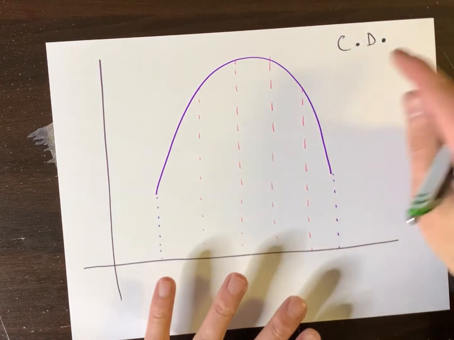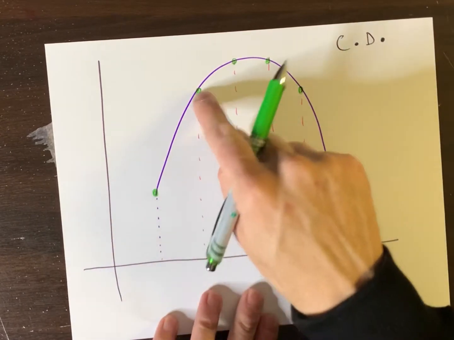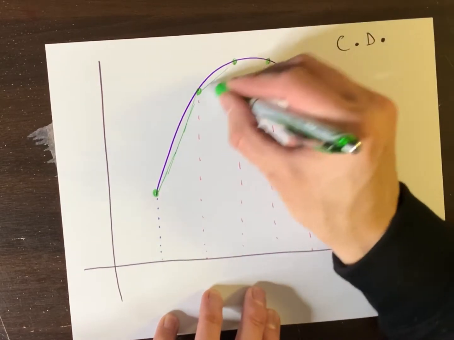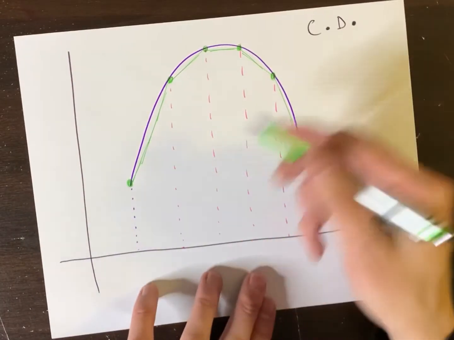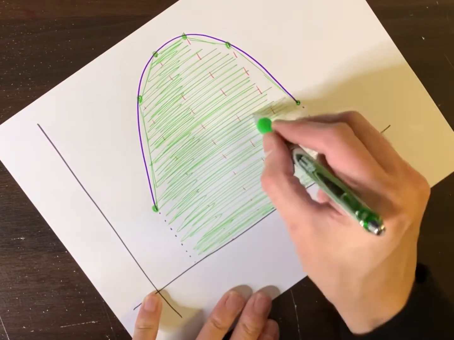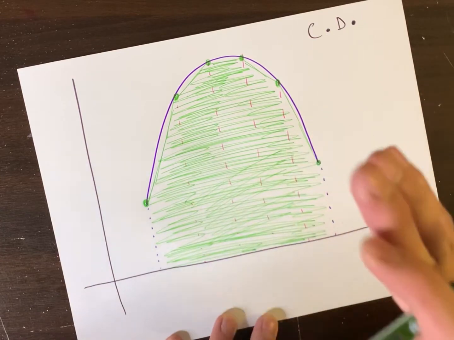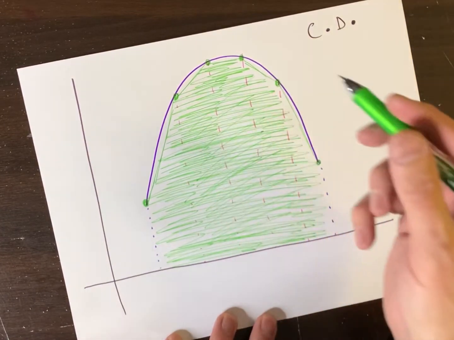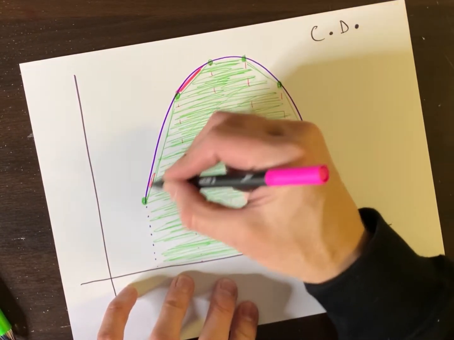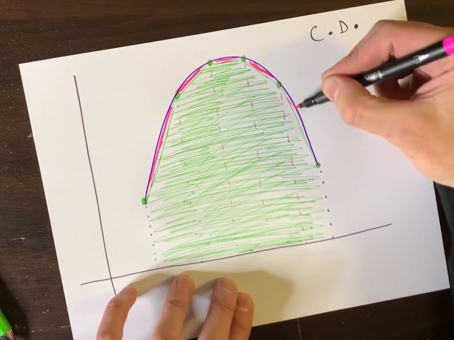Now consider a graph that is concave down. Here, when we create all of the endpoints, watch what happens when you connect all of these points together. And now if we shade in the green region, you can see here that all of these green trapezoids really do capture the majority of the area that was under the purple, but there is some residual material that unfortunately is left behind and that the calculation does not account for.